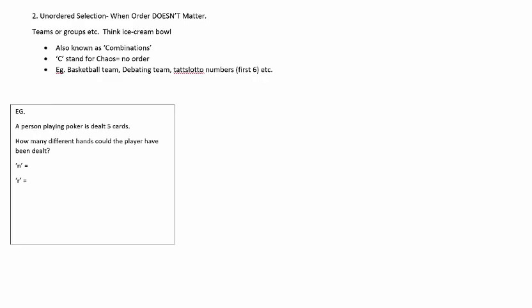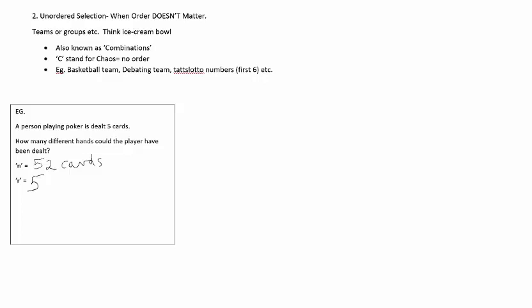Okay, so my example is this person is playing poker, and in poker you get 5 cards. You have to remember that there are 52 cards in a normal deck of cards. So that's probably what I need to write down here, because that is the number of things I get to choose from. There's 52 cards. So when you play poker, you only get 5 in your initial hand.